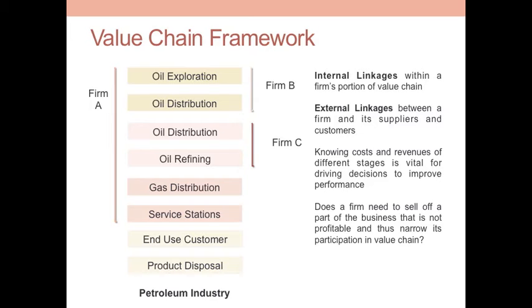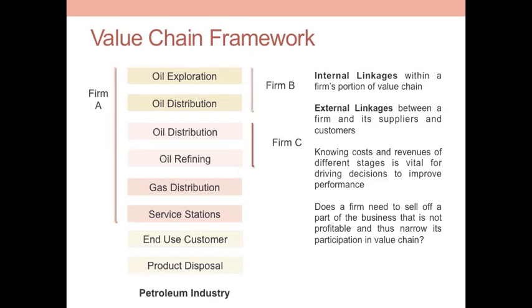An important framework for making strategic decisions is the value chain framework. It helps a company understand where it is situated in the value chain in relation to its competitors, suppliers, and customers. For instance, Firm A has presence across the petroleum industry in segments like oil exploration, distribution, as well as gas distribution and service station.